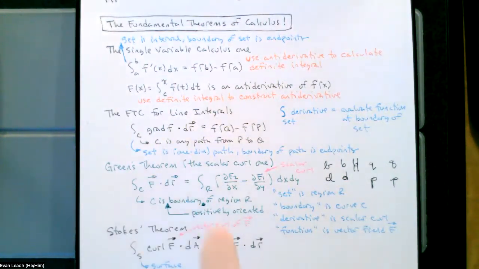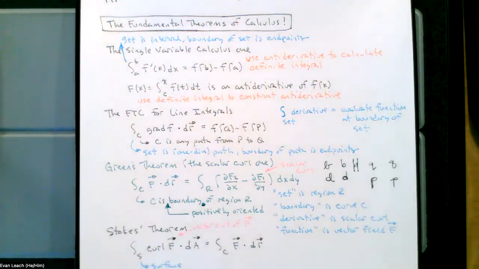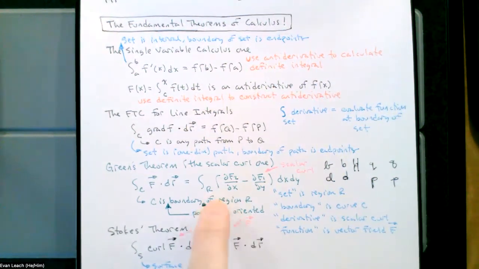The dot dr, this dr is some vector that's tangent to the curve, to our path. It's a piece of the curve. dx dy, that is a small piece of our region.